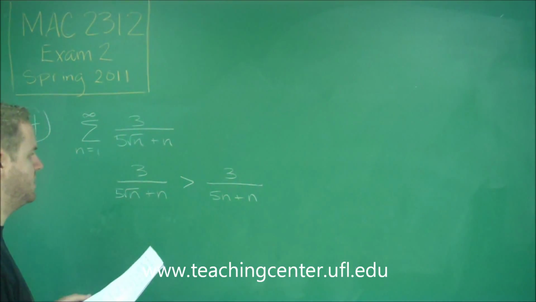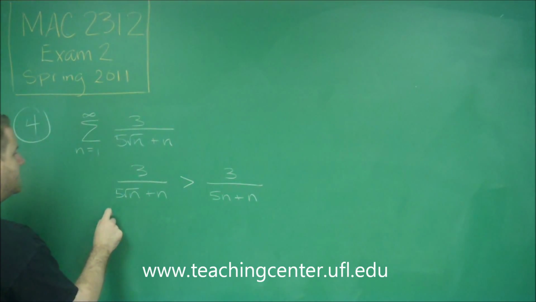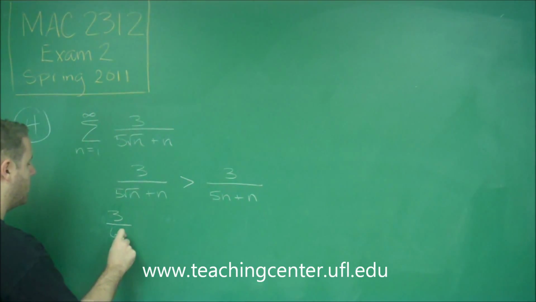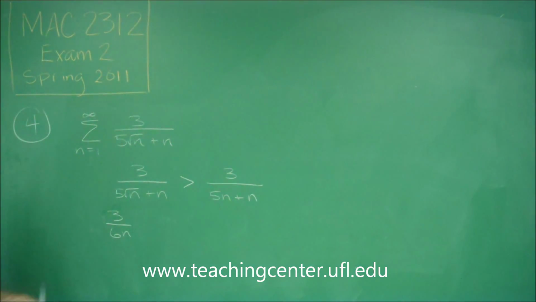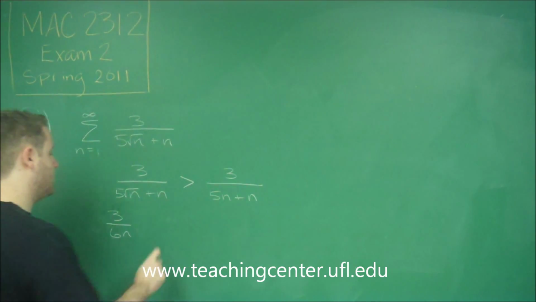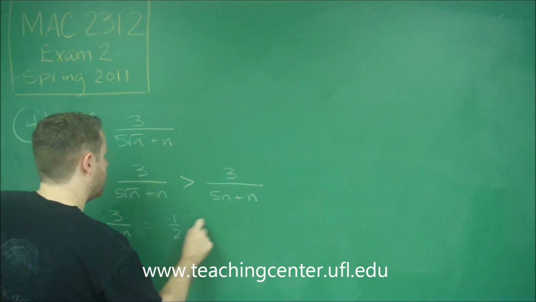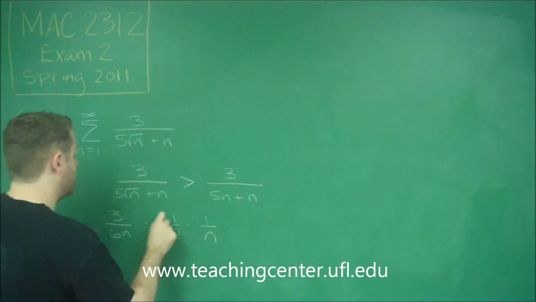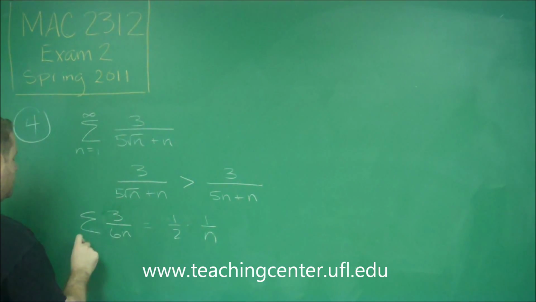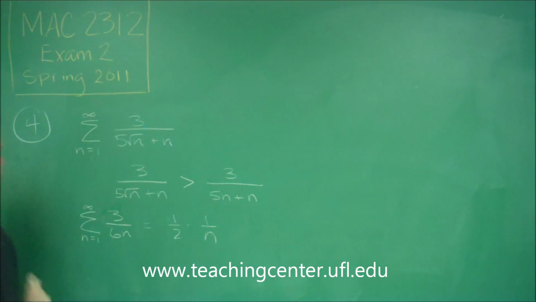So let's look at this function here. This is 3 over 6n, if we combine the 5n plus the n. That's 1/2 times 1 over n. Sorry, this should be series this whole time.